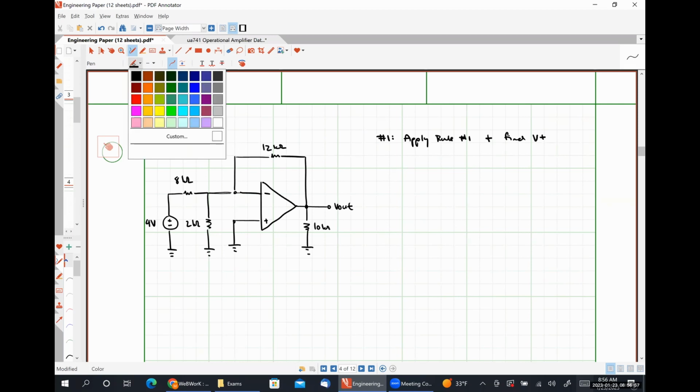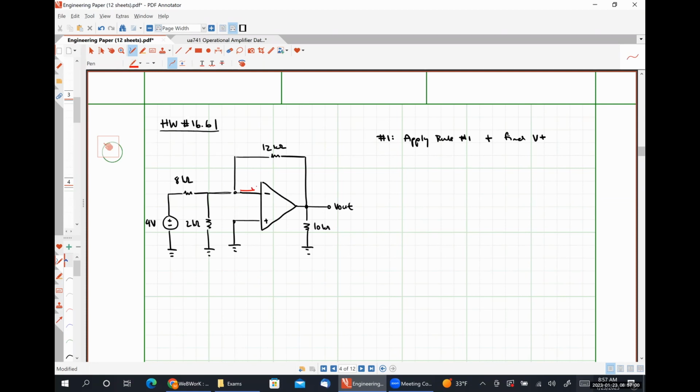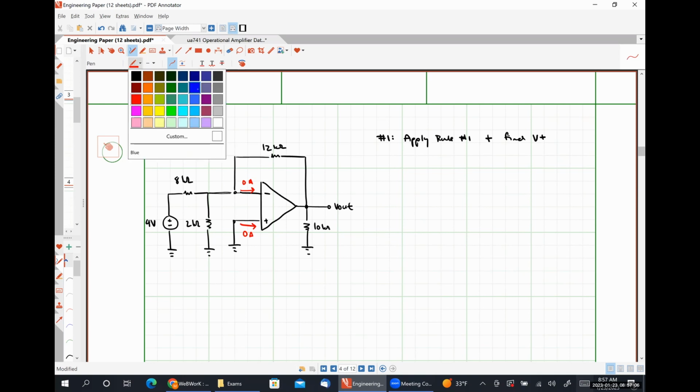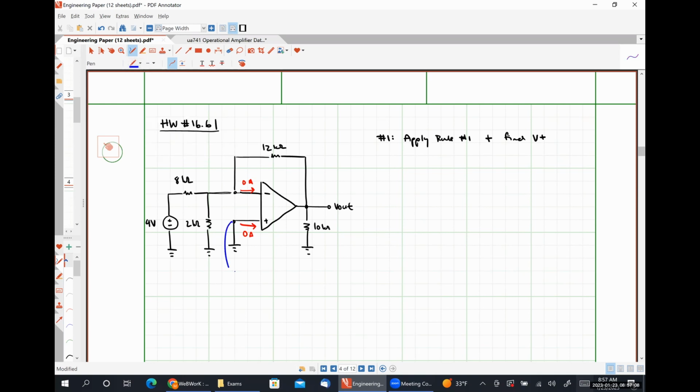So rule number 1 states that this current is 0 amps. And this current is 0 amps. And now we find this voltage. And it is going to be what? 0. Absolutely right.